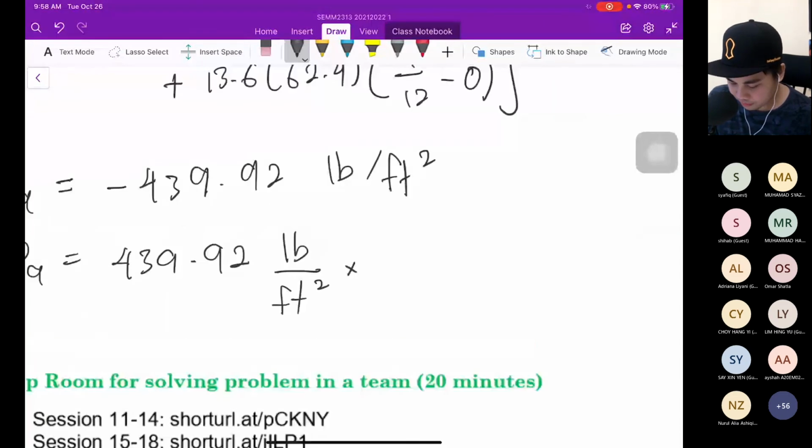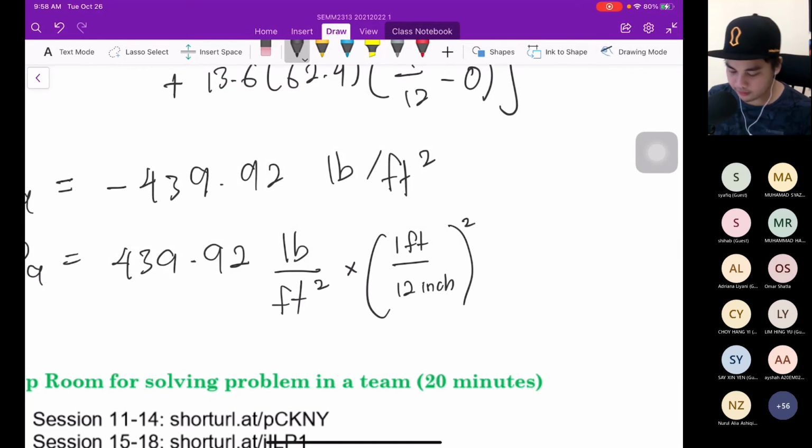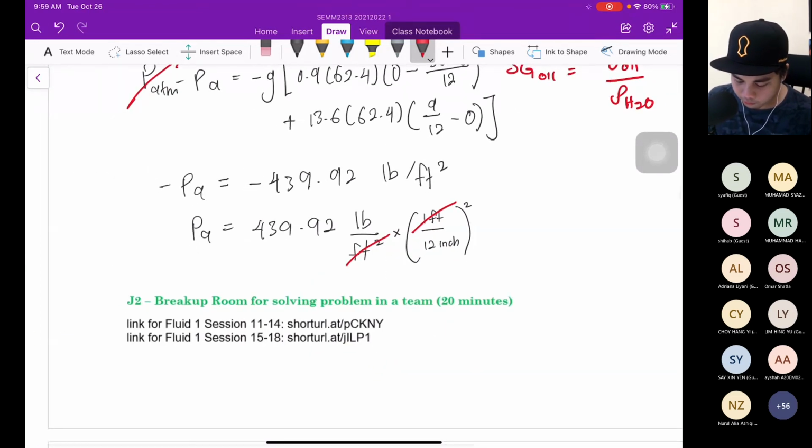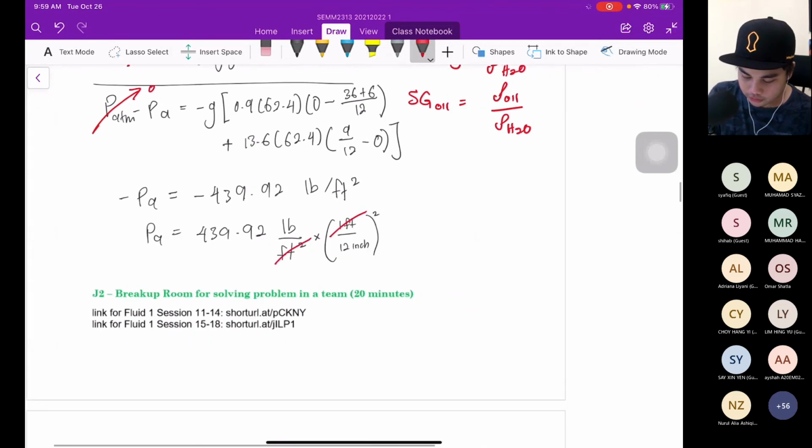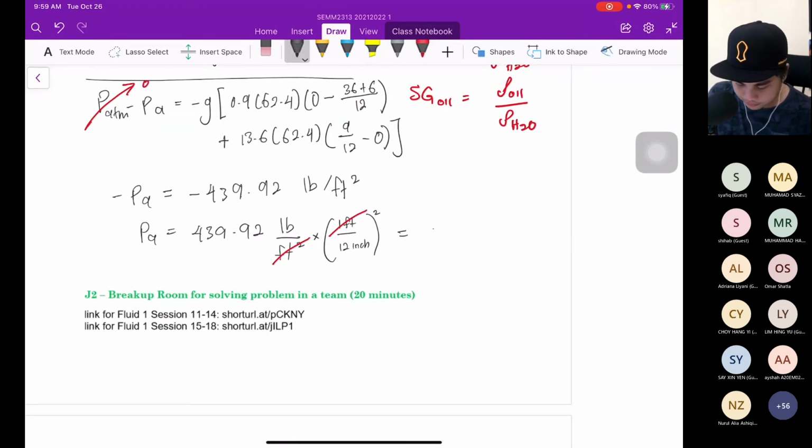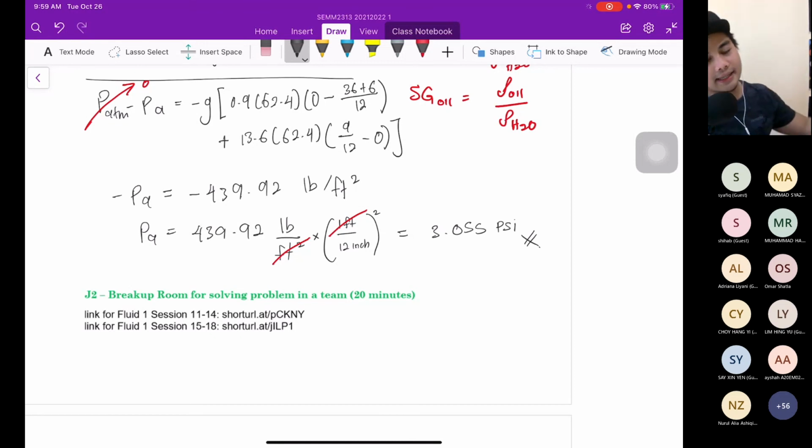Just multiply 1 foot over 12 inch. You can see this is squared, this is squared, cancel. And then 12 squared, so 144. So 439 divided by 144. So the final answer should be 3.055 PSI. Alright. That is the final answer.